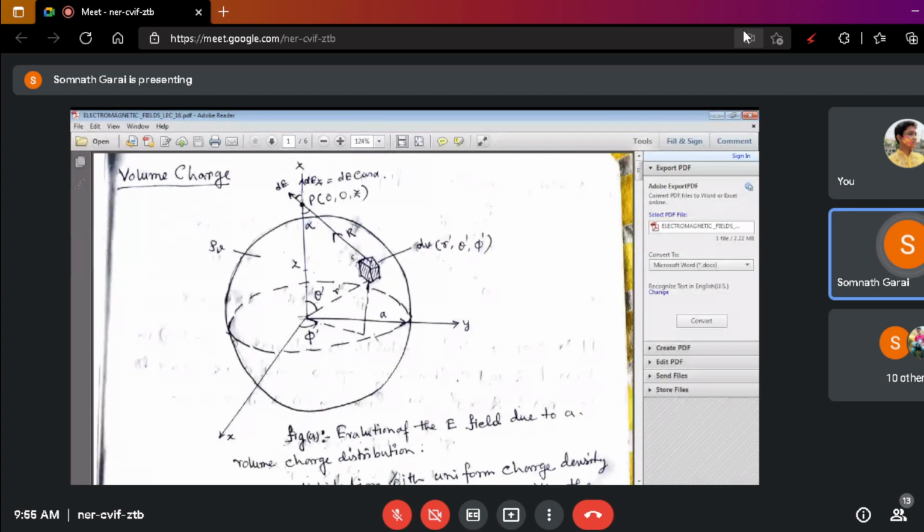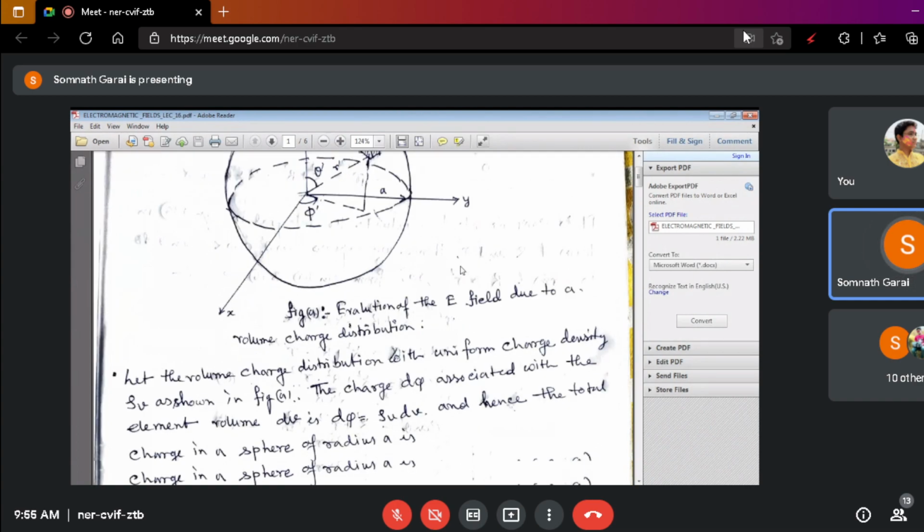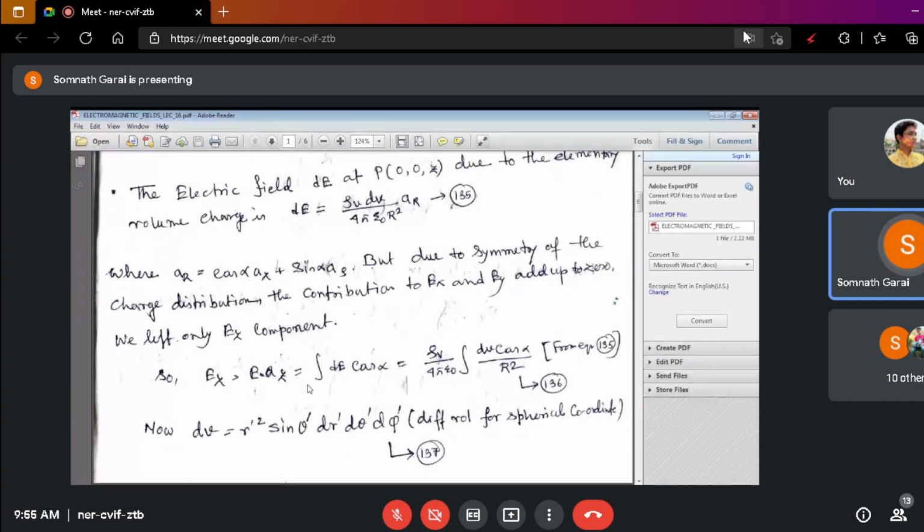So the Z component of the electric field, dEz, is equal to dE cos phi. It is already calculated. So we integrate dE cos phi.